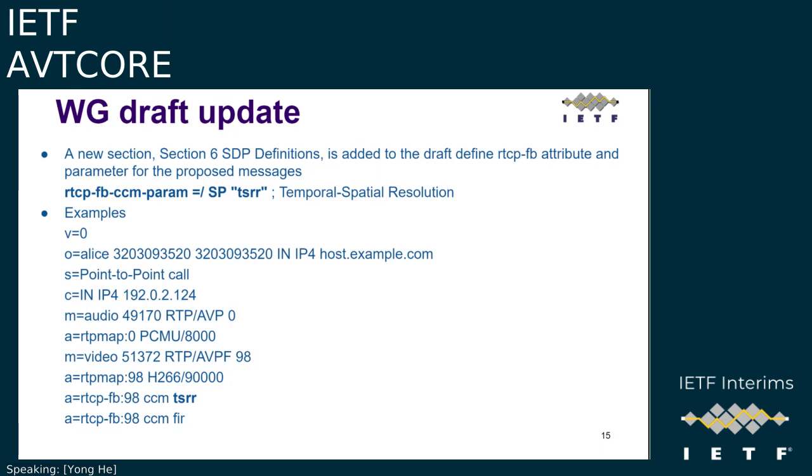A new TSRR value is added to the CCM parameters, and an example is given to show how the capability exchange is used, TSR in this case. So that's the main update for the WG draft. Any comments, questions?